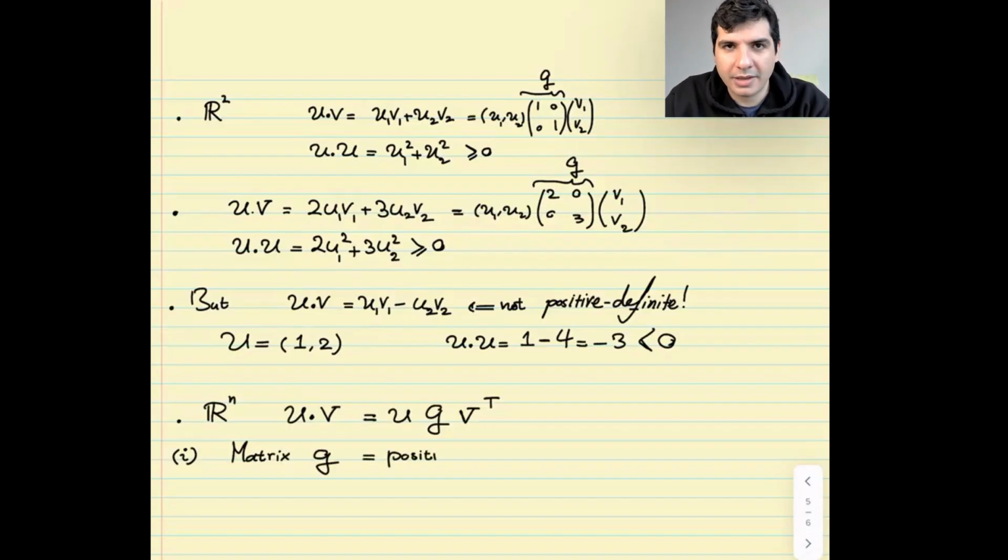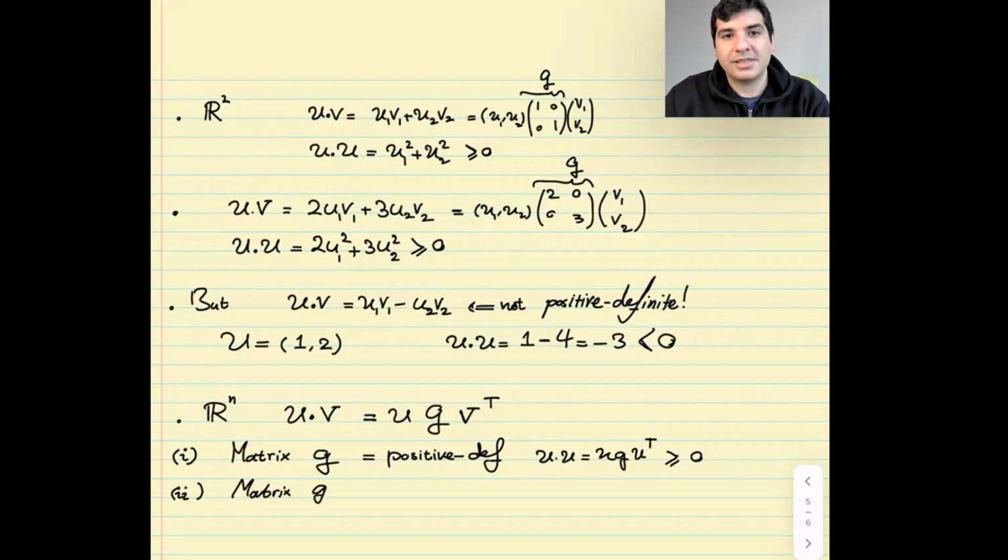You might remember the definition of positive definite matrices from linear algebra. Essentially, it means the inner product of u with itself, which would be u G u transpose, should be non-negative, and positive if u is non-zero. There's a different definition in terms of eigenvalues being positive.